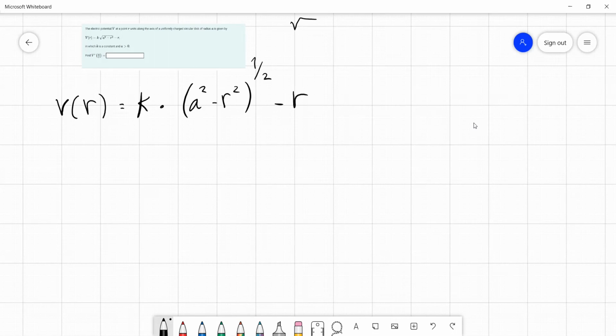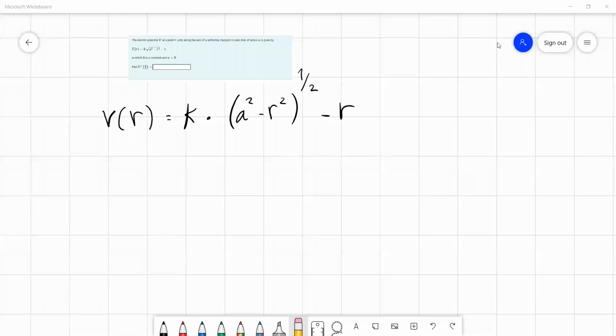Okay, so notice we are taking the derivative with respect to r. So wherever we see r, we need to start differentiating. Now we're ready to take the derivative. So I'm going to write that we are getting ready to take the derivative of V(r), and it would equal, so k does not have any r in it, so we are just going to leave it as it is.